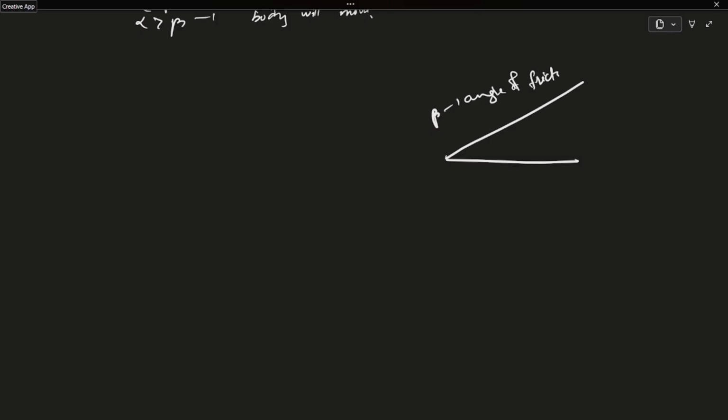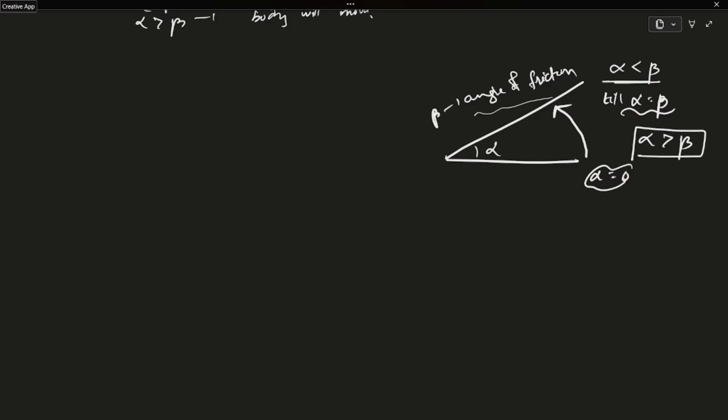Suppose alpha equal to 0, and as I increase alpha, till alpha equal to beta, in all cases of alpha less than beta, the friction will adjust. When alpha is greater than beta, the body will start to move. So you can find this this way also.